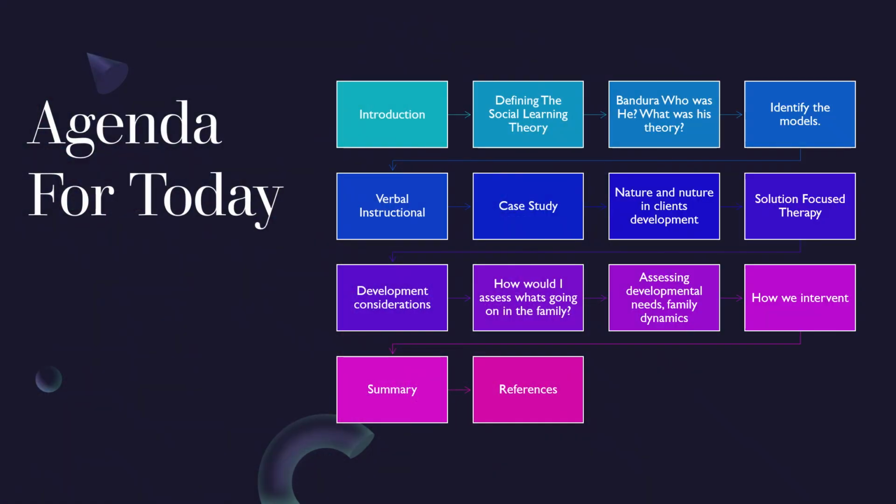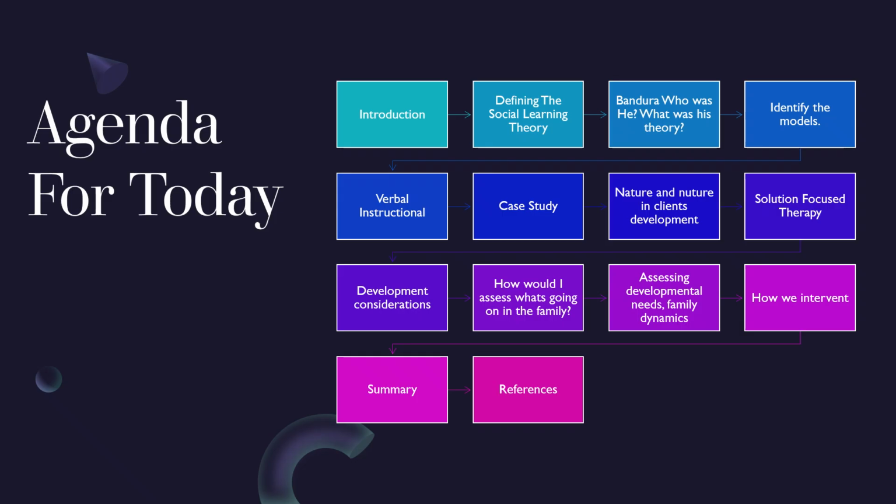We'll begin with a brief introduction to social learning theory, followed by an overview of who Albert Bandura was and the core components of his theory. We will identify the different types of models within social learning theory and then review the case study.